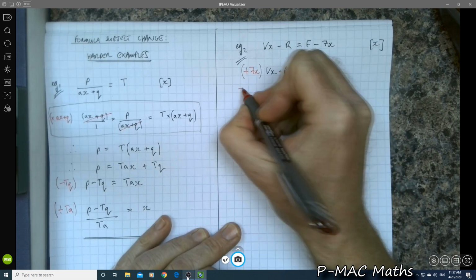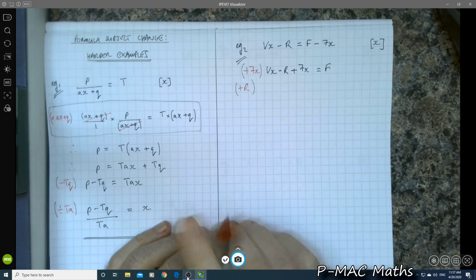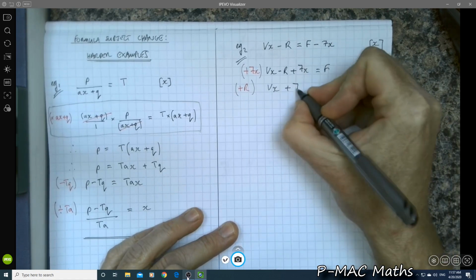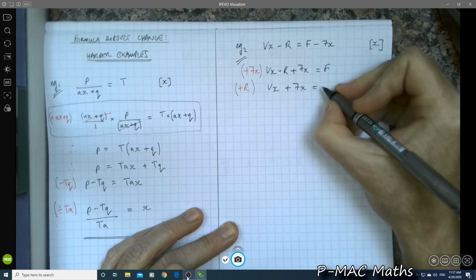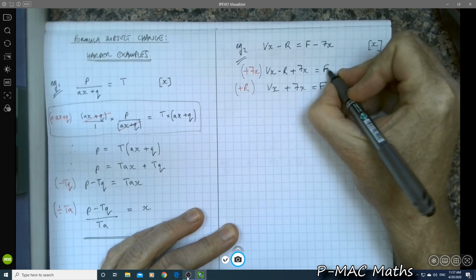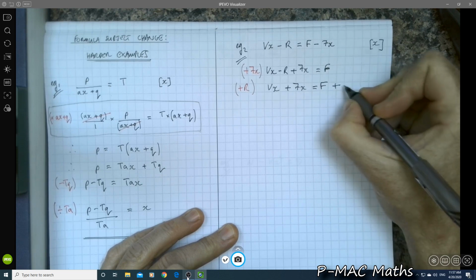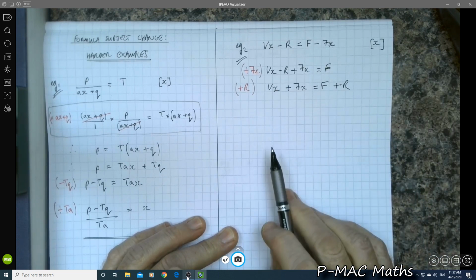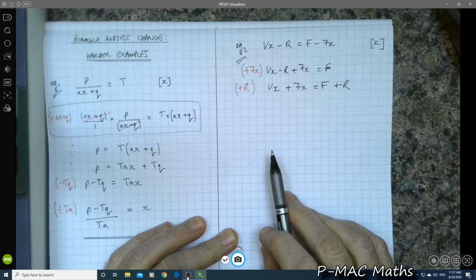So I'm going to add an r to both sides. So I've now got vx plus 7x equals f plus r. So I've filled in that r on this side and I've got to add an r on this side as well to keep the balance.